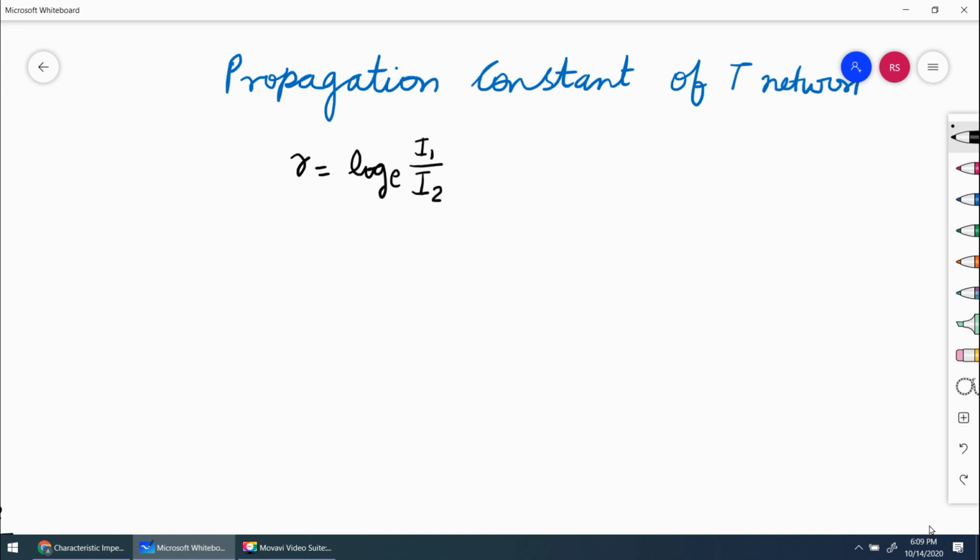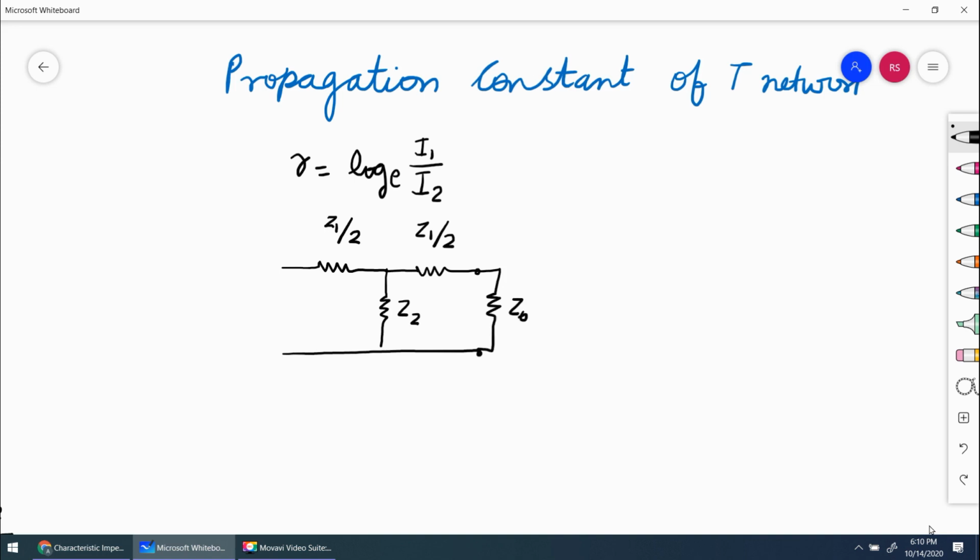The figure which we had taken before, I'll draw it again over here. This is Z1 by 2, this is Z1 by 2, this is Z2. It is terminated at the impedance Z0, which is known as characteristic impedance.